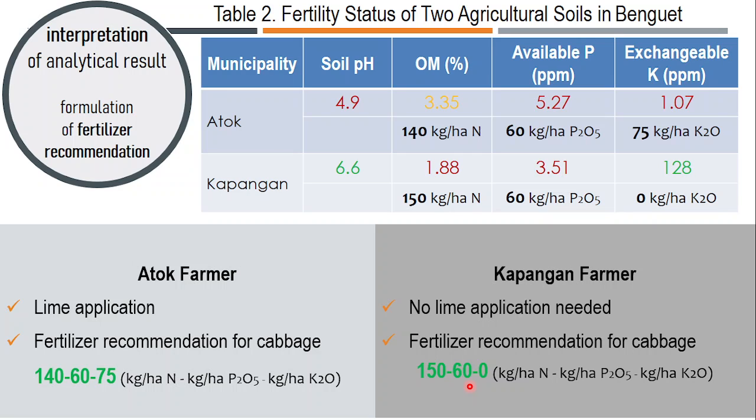Ilan ang i-apply niya doon sa half hectare na garden niya? Okay, so that will be answered sa later part ng module 3, which is under fertilizer computation. Okay, so I hope you got the formulation of fertilizer recommendation basing from the result of soil analysis.